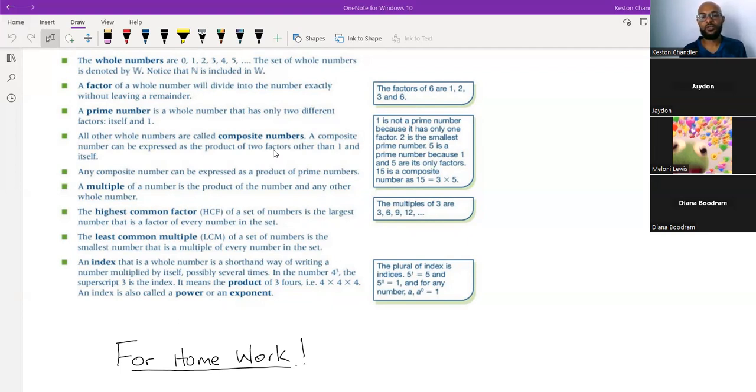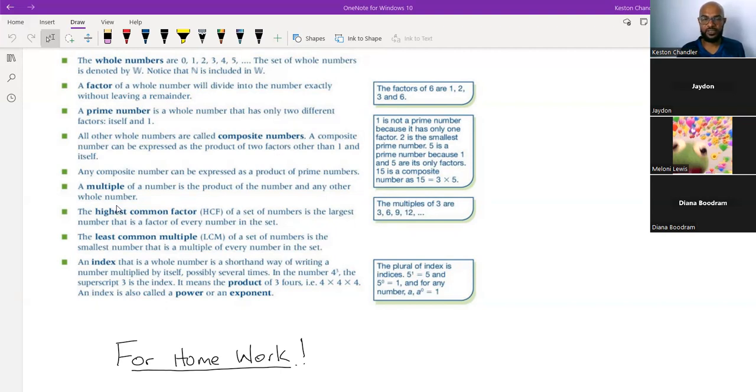So multiples of a number is numbers that another number could go into, is a product of the number, right? So for example, multiples of 2 will be 2, 4, 6, 8, 10, 12. You guys know that. Highest common factor, well, that's the largest number that is a factor of a particular number. The lowest common multiple, the smallest number that is a multiple of another number, right?